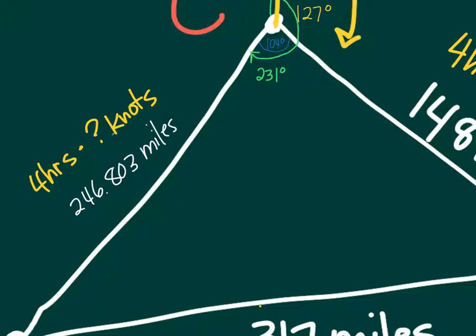I need to take the 246.803 and divide it by 4 to figure out the speed that this ship was going. And when we do the division, we see that this ship was going much faster than the other ship. It was going 61.7 knots, which is super fast for a ship to be going that quickly.